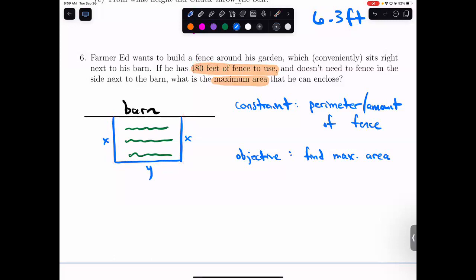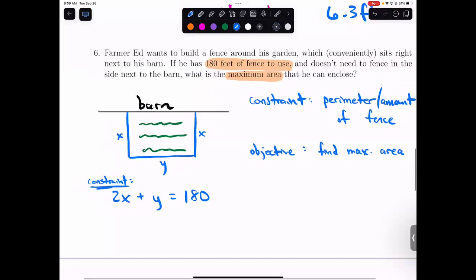So this constraint, this perimeter thing, well, I need to build two X's and a Y, and I need to use 180 feet of fence. So that would look like that, right? X plus Y plus another X, or 2X plus Y, would be 180. Just to sort of label things. That's an equation version of our constraint, our restriction, right?